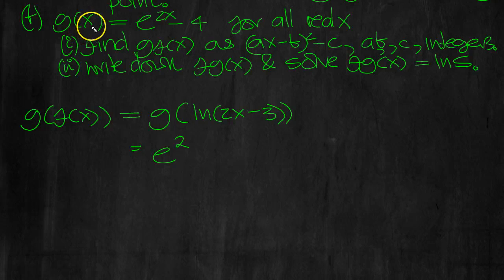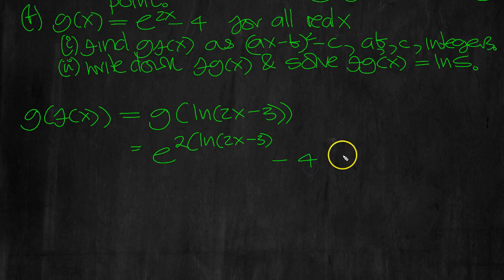This is g of something, e to the 2 times something minus 4. There we go. So that's equal to then e to the 2 ln of 2x minus 3, minus 4.